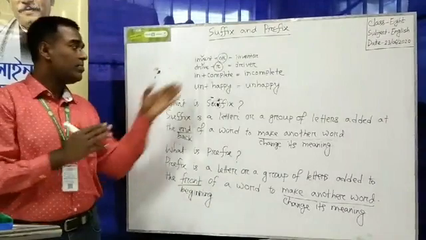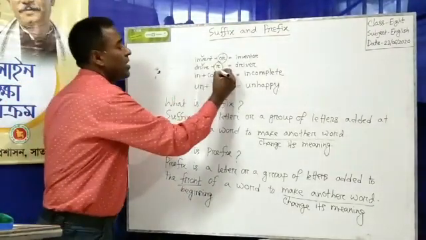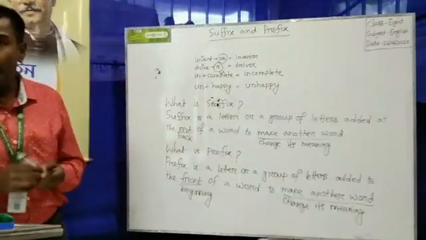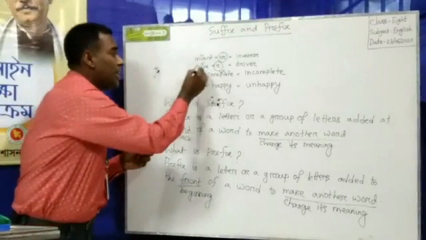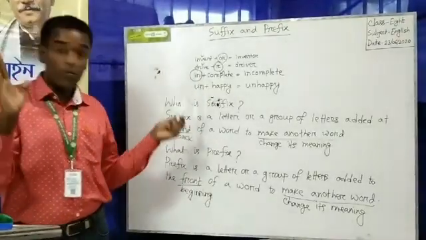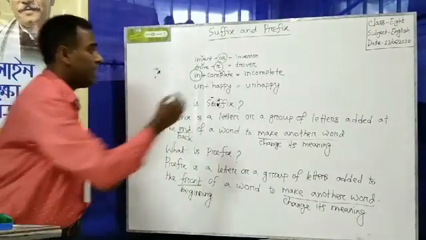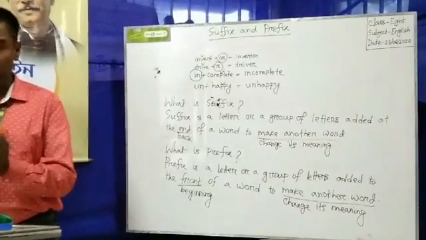Now look at these examples. Here complete is the root word. We use here in at the front of the root word complete, and here happy is the root word.